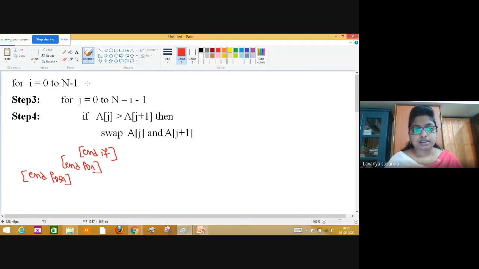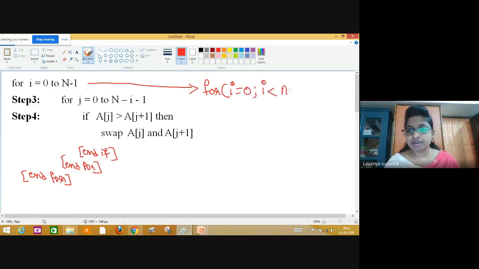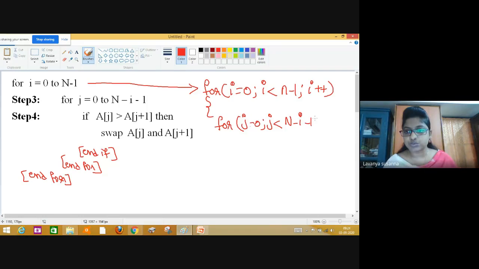See, this statement in programming language you have to write like this. For i equal to 0, i less than n minus 1, i plus plus. I will explain this logic and then go to this one. Next, for j equal to 0, j less than n minus i minus 1, j plus plus.